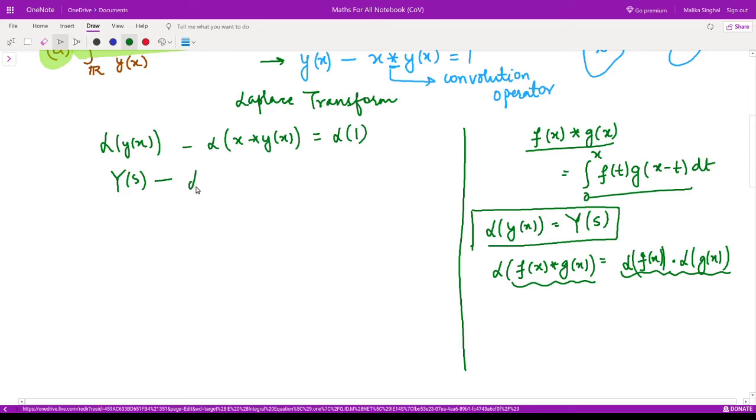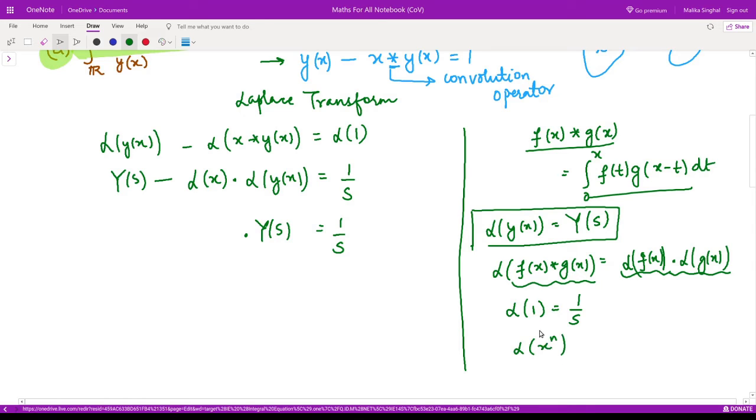So this becomes the Laplace transform of x multiplied by the Laplace transform of y of x, which was equal to capital Y of s. And the Laplace transform of 1 is simply equal to 1 upon s. And what is the Laplace transform of x?